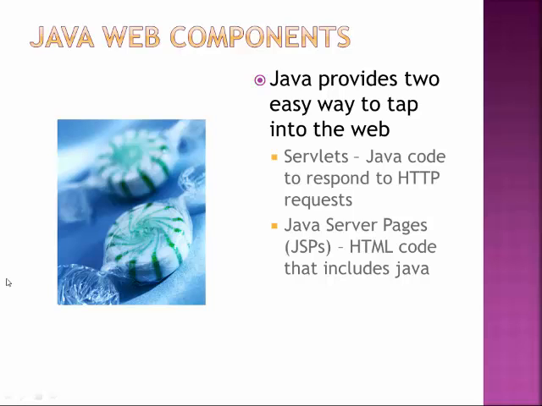The reason that everything's taken care of is because of these two basic Java web component technologies. The first is called a servlet. A servlet is some basic code that allows us to translate the HTTP protocol into Java methods. So when I try to get a page, call this method.